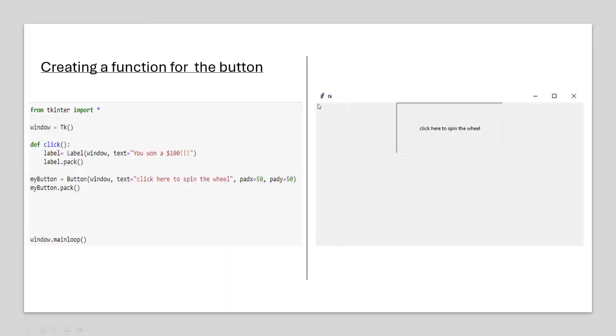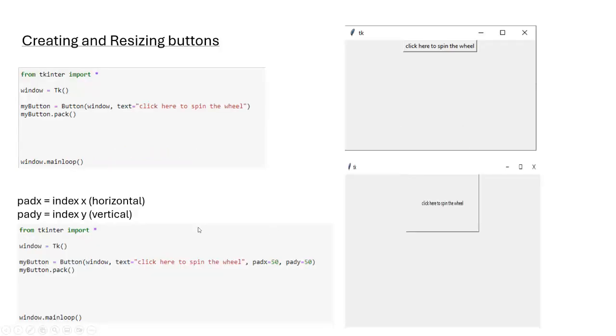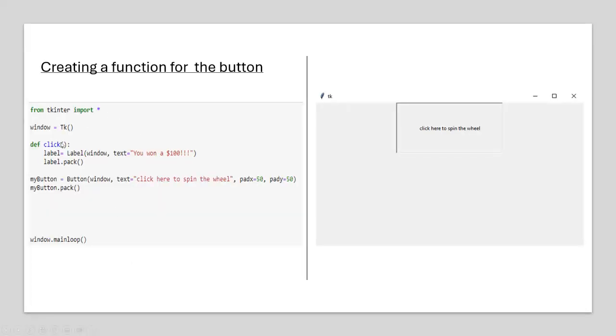For creating a function for the button, well, first we go back here. We can see in this image I actually clicked the button and nothing happened. So in order for that to do anything, we have to make a function. So here's that. I made a function for the button that we just made, and if we run this, well, actually I pressed this button also and nothing happened, and that's because we didn't actually call the function.